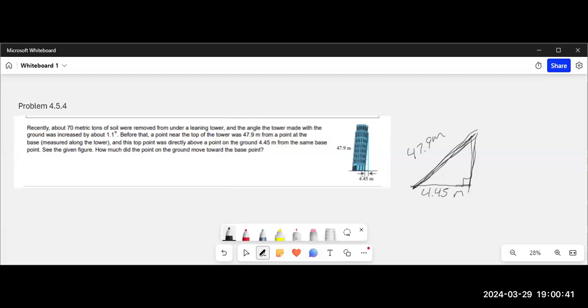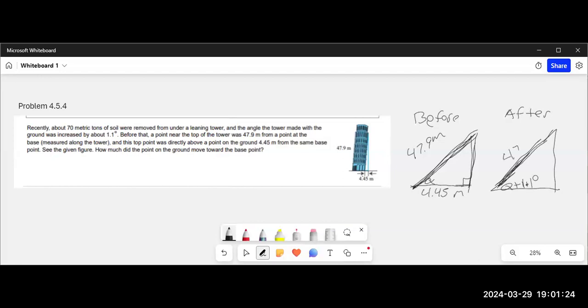Now this is before, then after. So we're going to change it so that when we increase the angle a little bit, this is, call it alpha, and this is alpha plus 1.1 degrees.